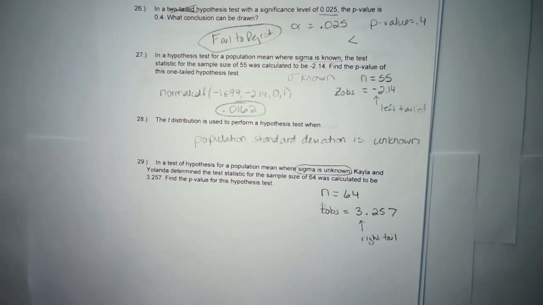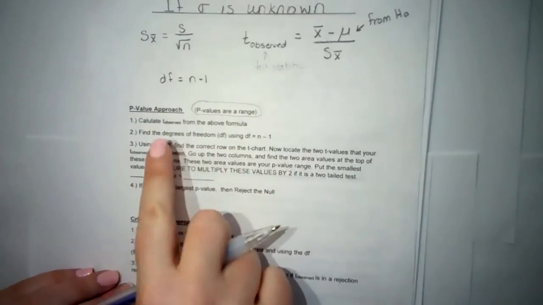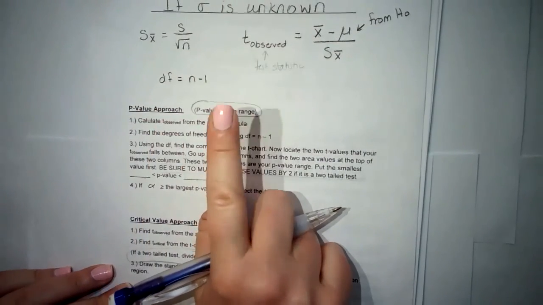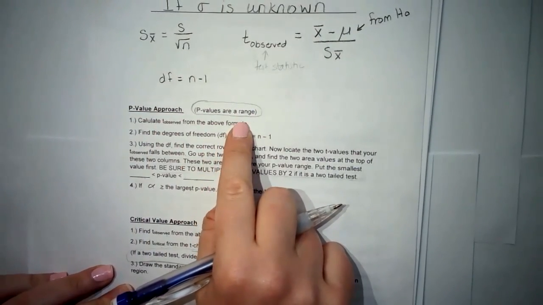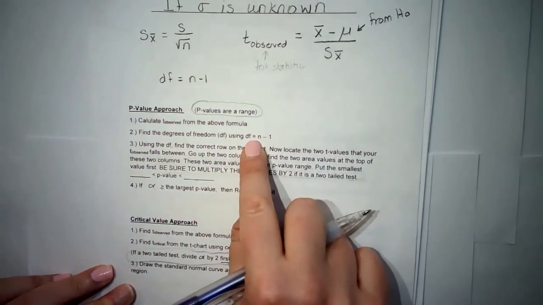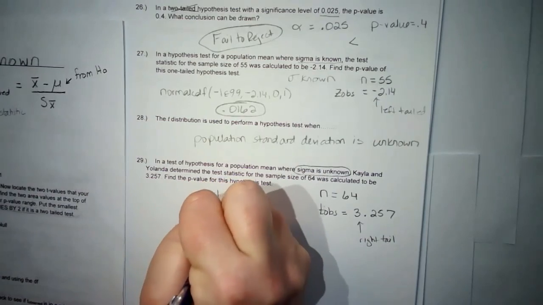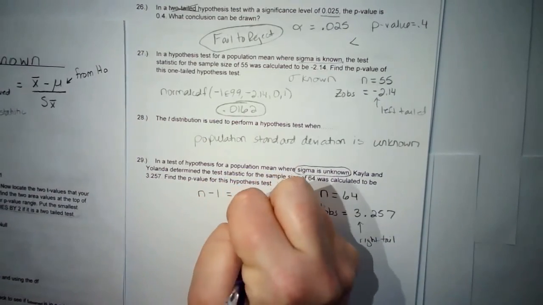Okay, we want to find the p-value. Now, remember, sigma unknown, p-value, your p-value is a range. Okay, we already know T observed. We already were given that. Our degrees of freedom is going to be 63.